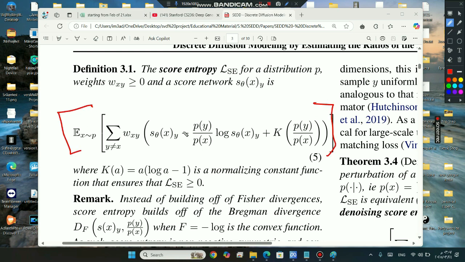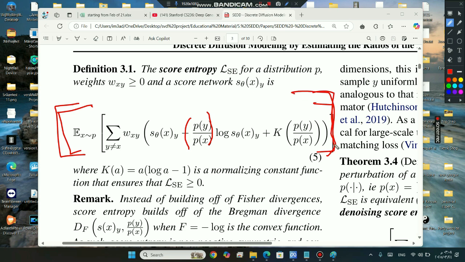Now, this formula might look scary, but it's actually very simple. It just means that this score function model, this neural network that we have trained, should actually predict those ratios over here. So the closer the output of this model is to those ratios, the closer to zero this whole term will go, which is what we want.